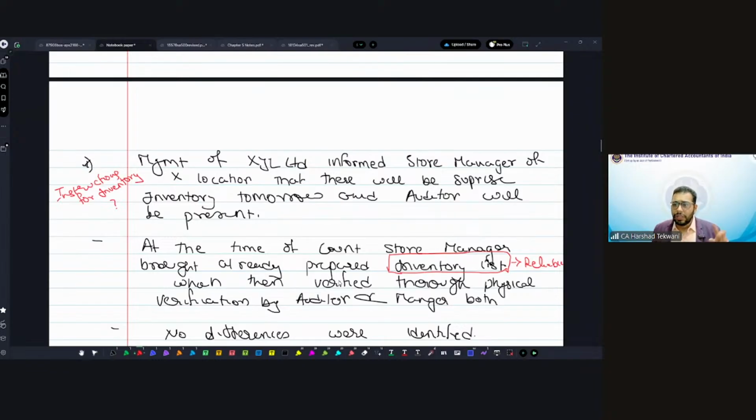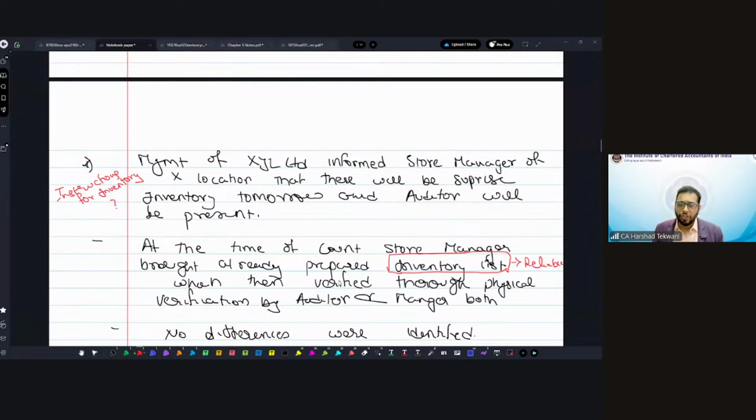How is he aware of the policies and procedures for the inventory count? Okay, if he's a chartered accountant, he might know the basics. But what if he is not? What if he is someone new in the store? The store manager is new.